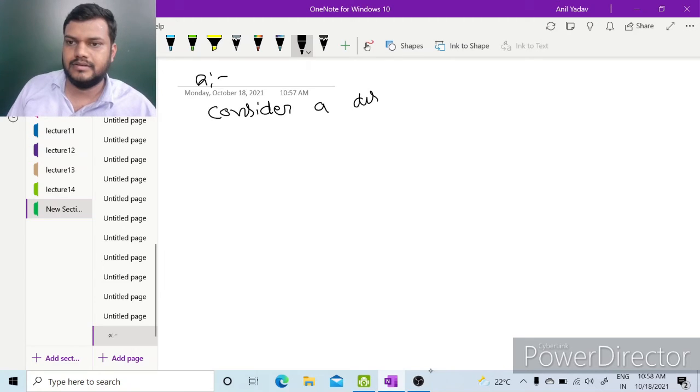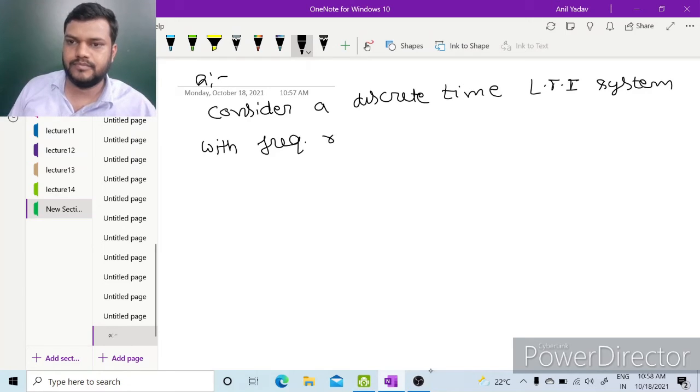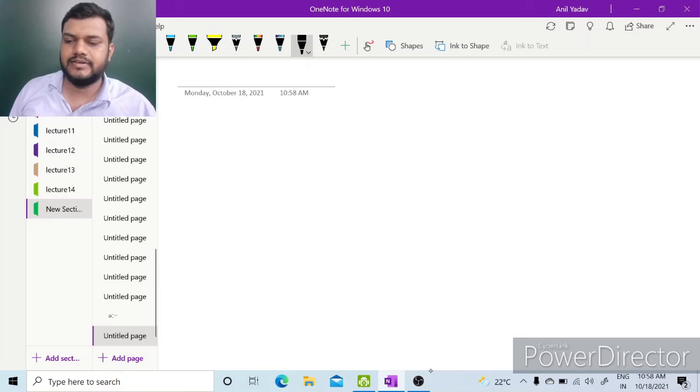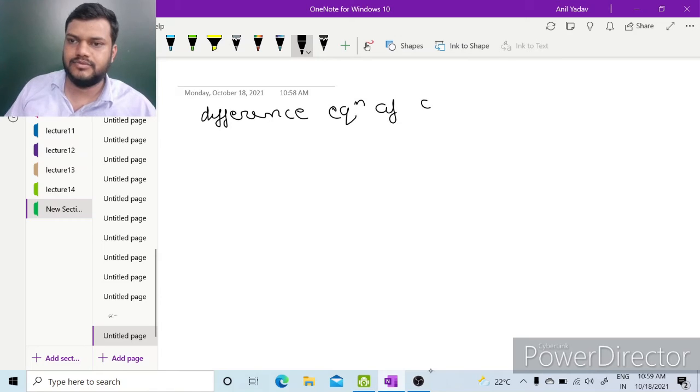Consider a discrete time LTI system with frequency response H(e^jω) as given in the question, and we have to calculate the difference equation of the system relating input and output.